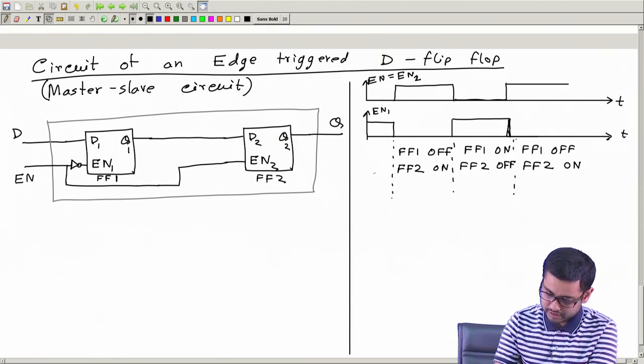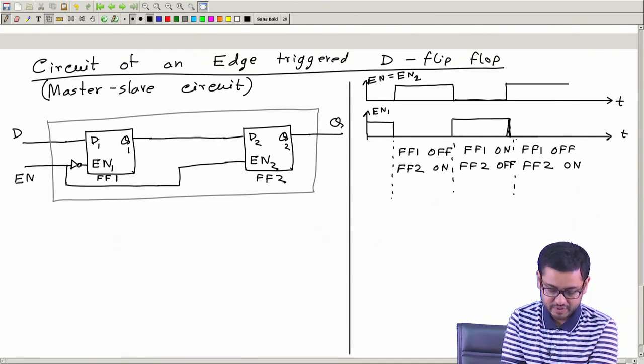Now, if FF1 is off, first flip flop is off, then whatever the value of D comes here will not go to this Q1. Okay.